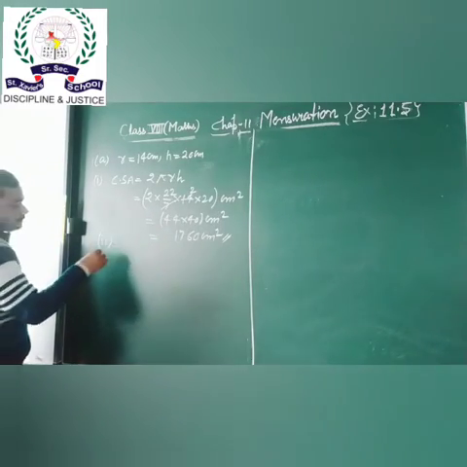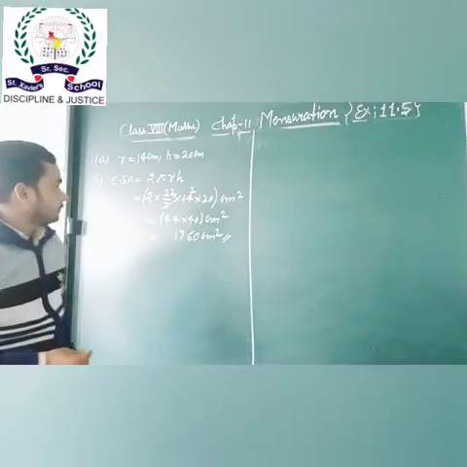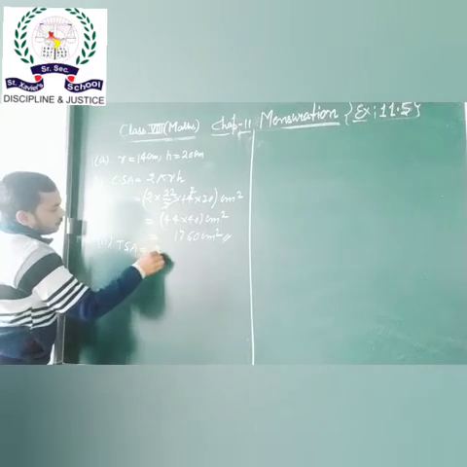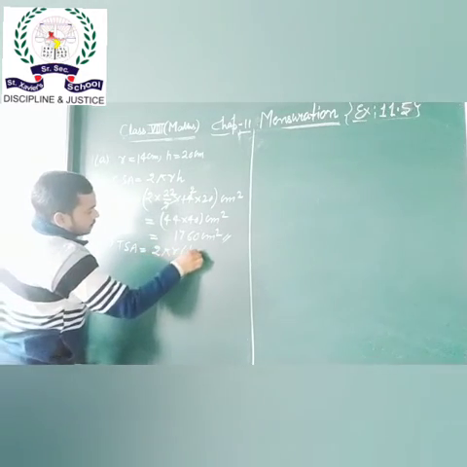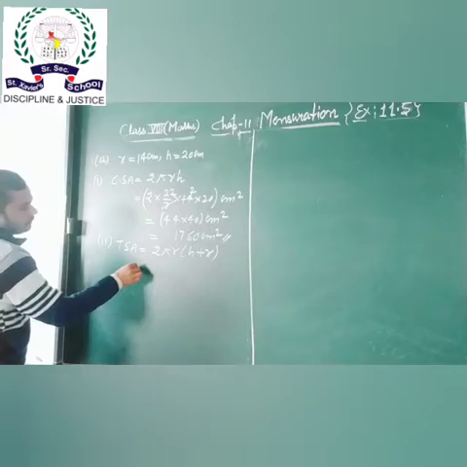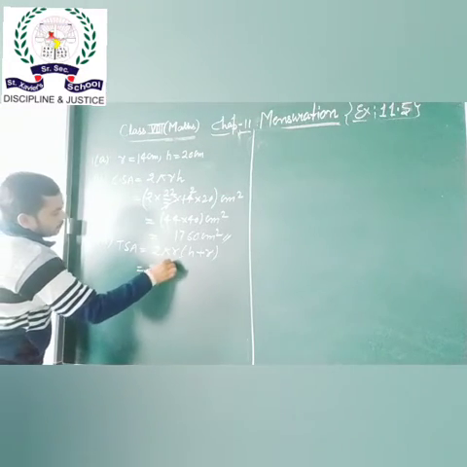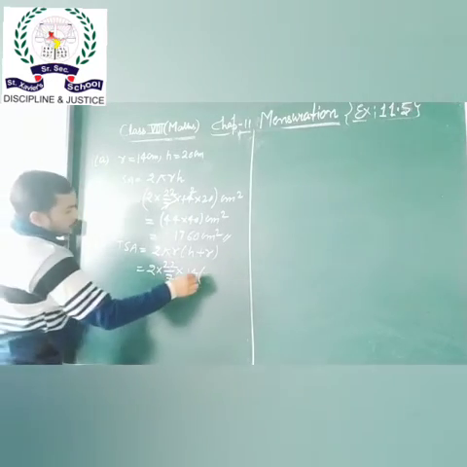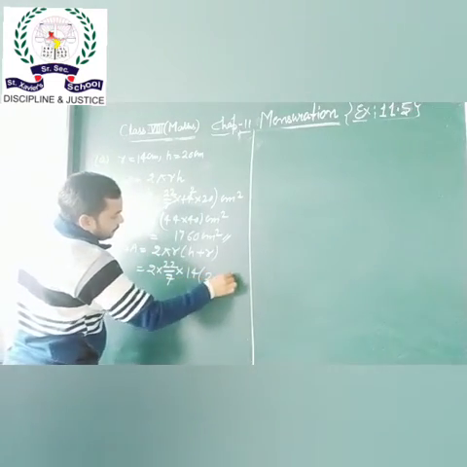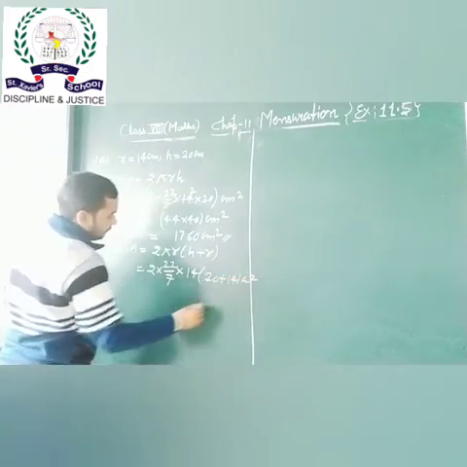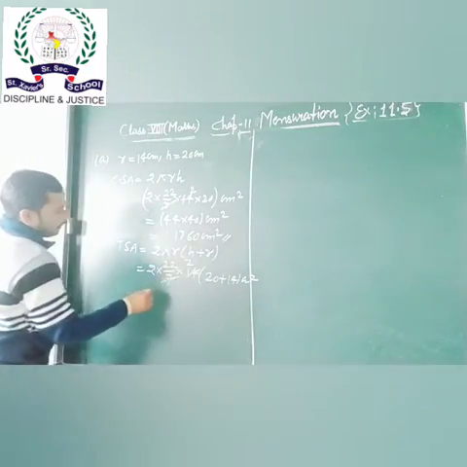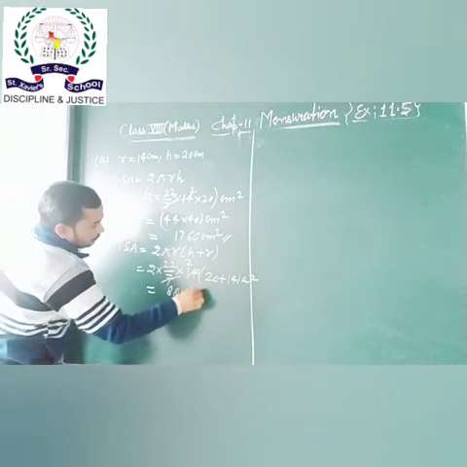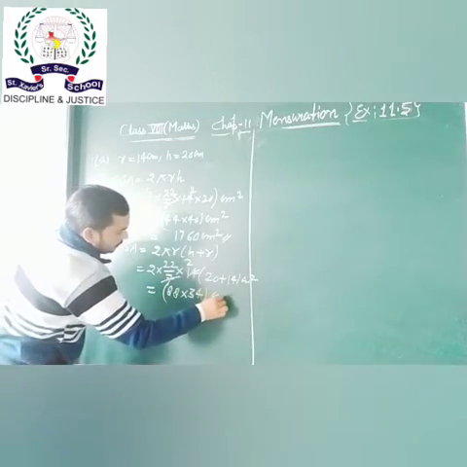Then find the total surface area of the cylinder: 2 pi r (h plus r). So 2 into 22 upon 7 into 14 and 20 plus 14. 7 into 14 leaves 2, 44 into 2 is 88, 88 into 34 centimeter square.